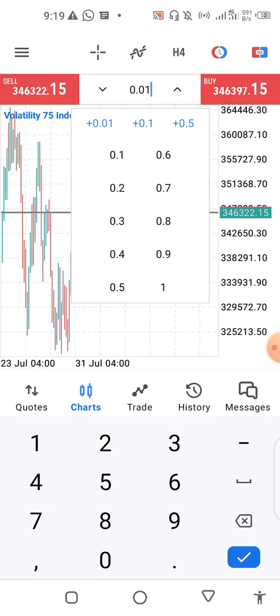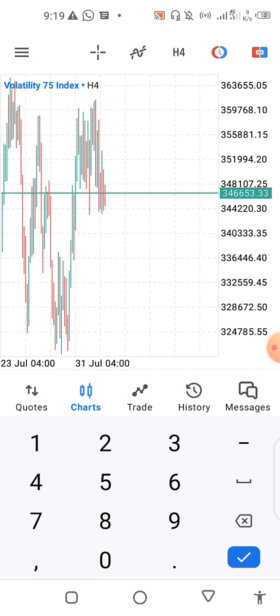From 100 to 1000, you can use something like 0.1 or even any of your choice. I'm saying this based on my personal risk management. Remember, in trading you need proper risk management, so that's it for this first button.